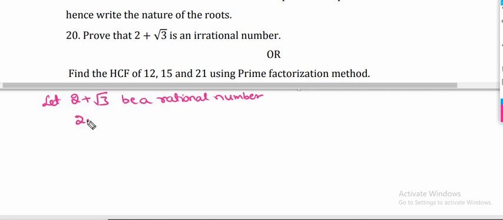Then we put this as 2 plus root 3 is equal to, because this is a rational number, p by q, and here p and q are integers and q is not equal to 0, you write this condition. And here if 2 plus root 3 is p by q, then we transfer this number to the right hand side.